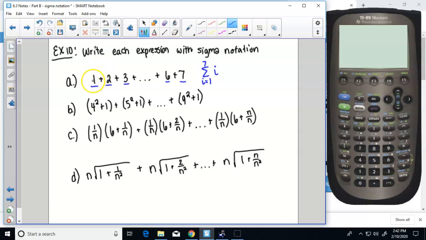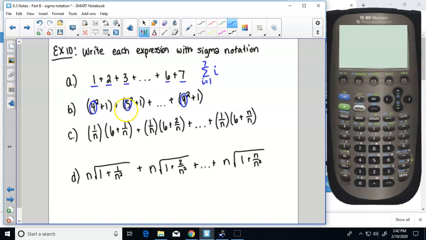For that one, whatever value is increasing by 1 each time, that is your I. So if we look at B, we've got 4 squared plus 1 plus 5 squared plus 1 plus dot dot dot, and then 9 squared plus 1. So 4, 5, 6, 7, 8, 9. Right?